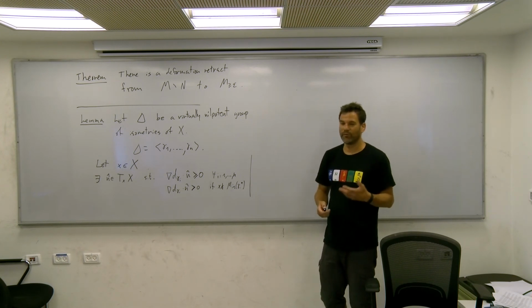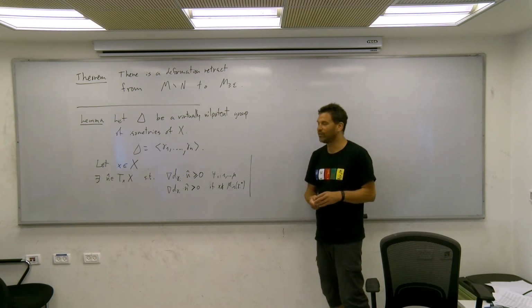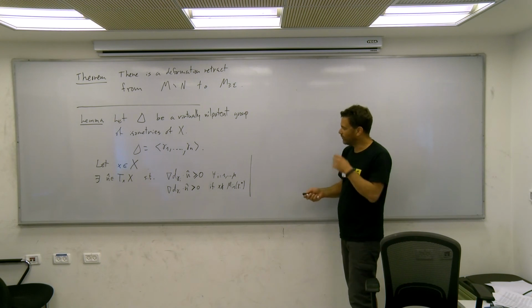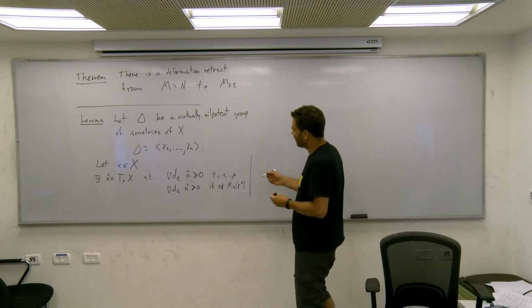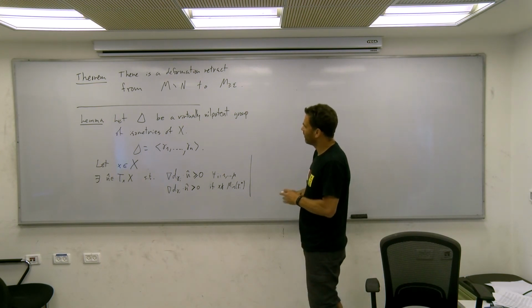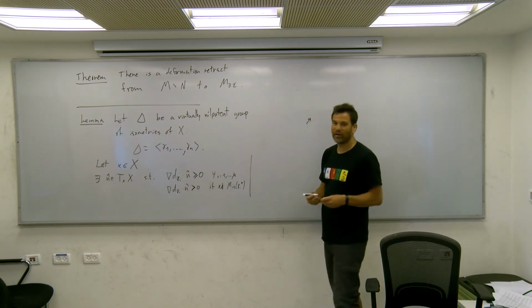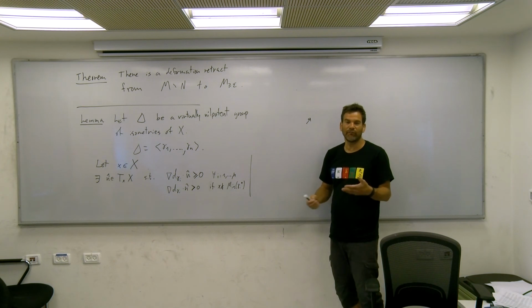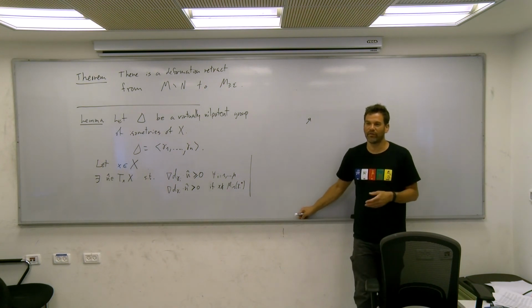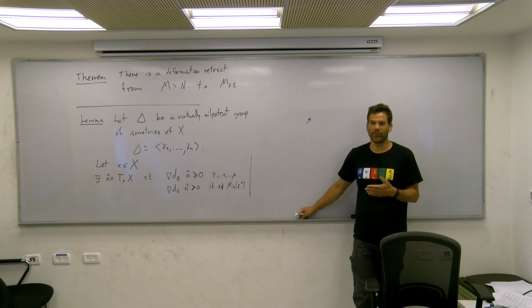But I want to take a break in a few minutes. Before that, let me just tell you that if you have a virtually nilpotent group of isometries, then you can find a direction which is transversal to the level set of the displacement function. So it increases all of them. It increases the displacement function.